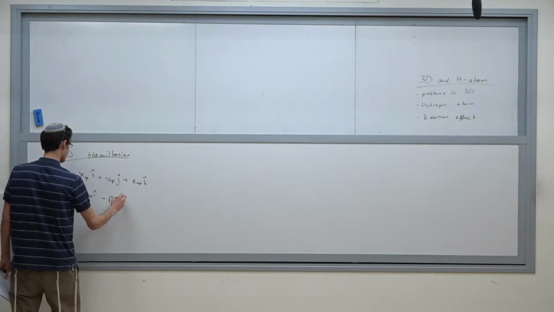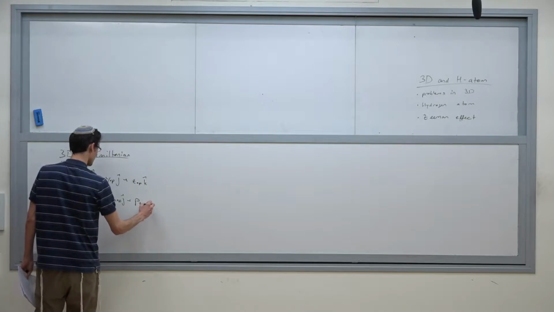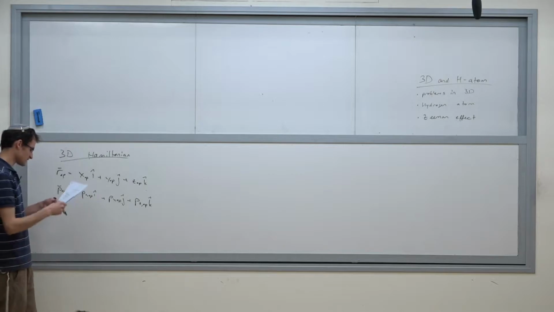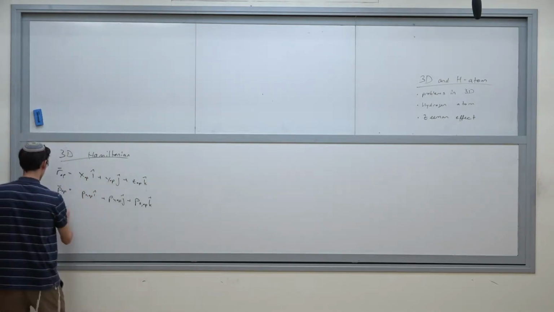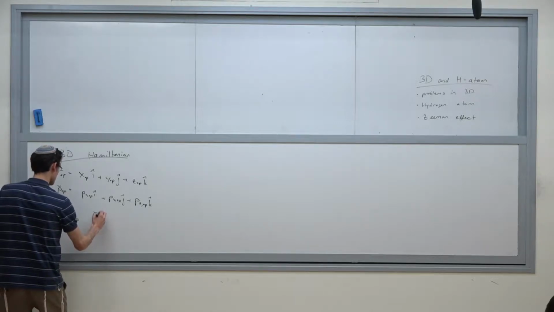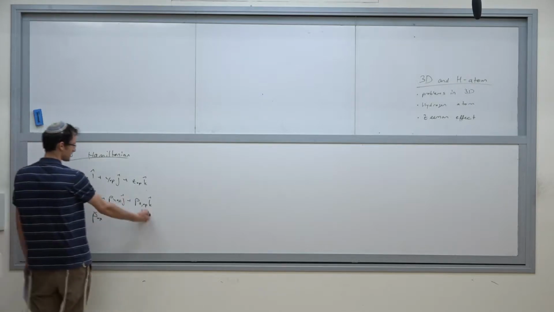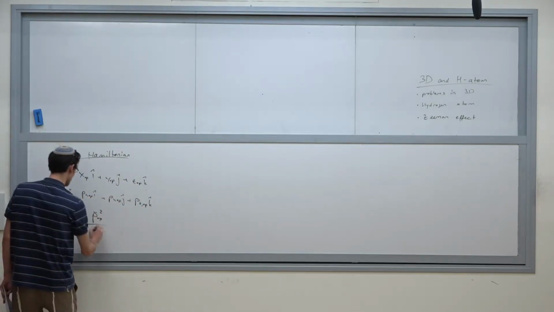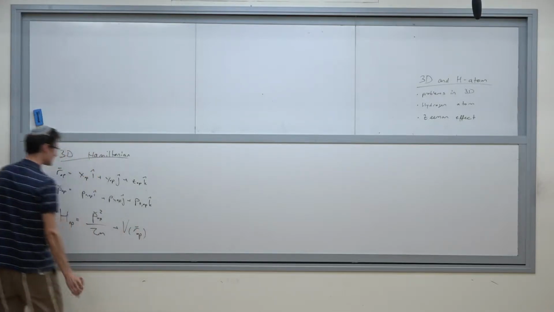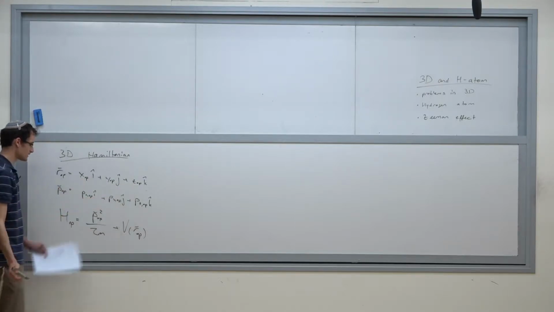Or for instance, the momentum operator in the same way. It's a sum of three operators, each in its direction. And this is what we need to build a three-dimensional Hamiltonian, which obviously is p squared over 2m, but now it's this p vector squared, so px squared plus py squared plus pz squared, three operators, over 2m, plus the potential, which in general depends on all three coordinates, so all three operators x, y, and z.